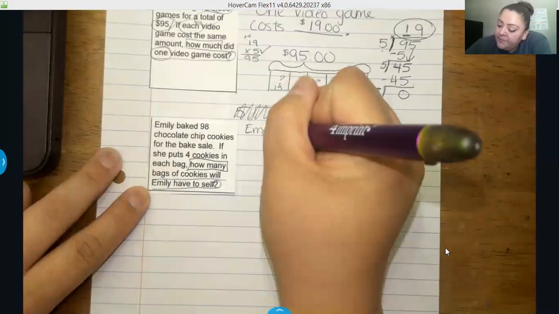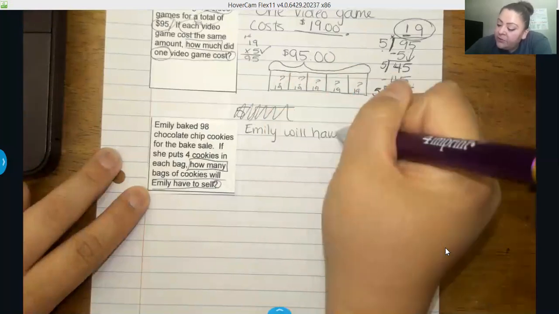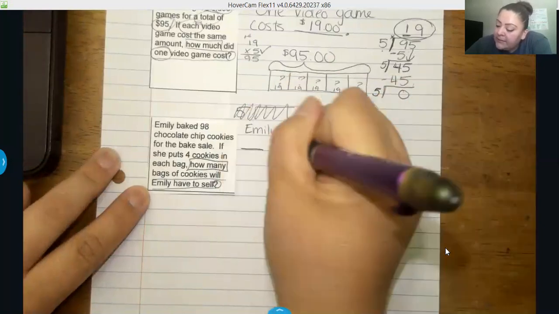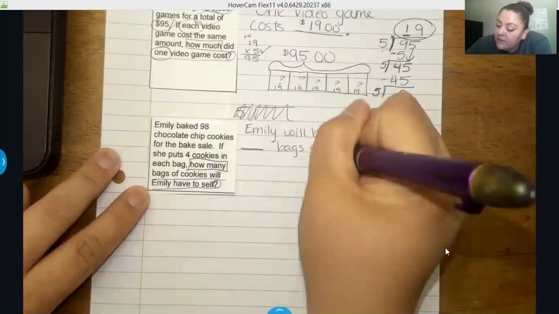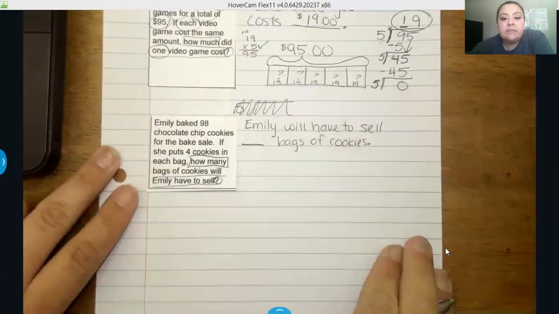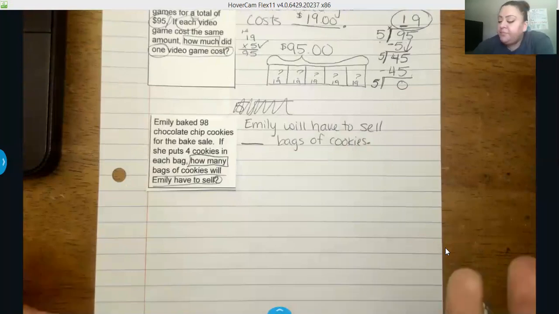Emily will have to sell blank bags of cookies. All right, guys. Then we're going to go through and start with the rest of it with our segmenting and tracking to set it up to see what we're doing next.